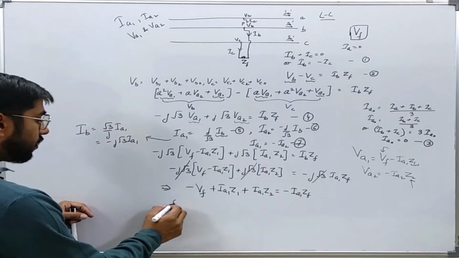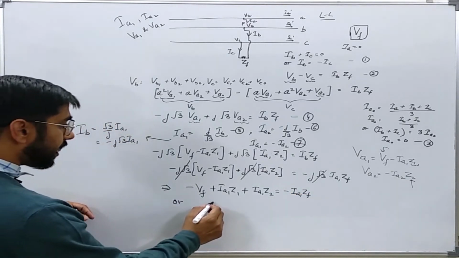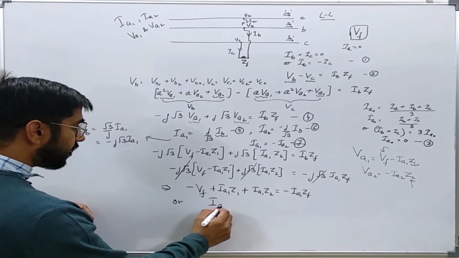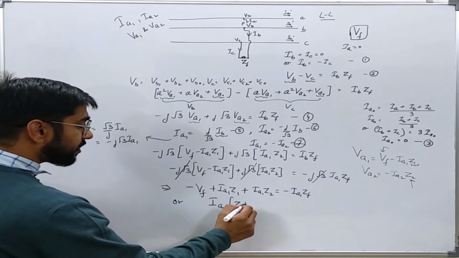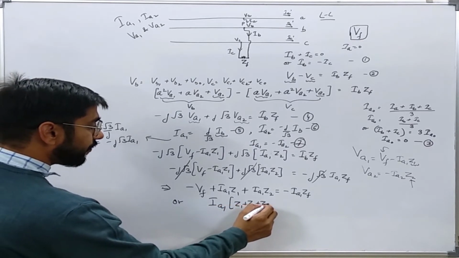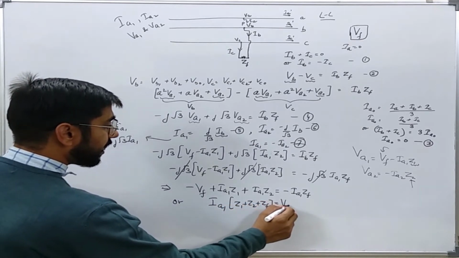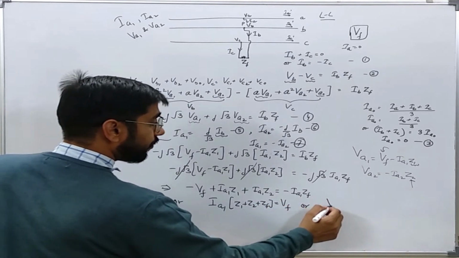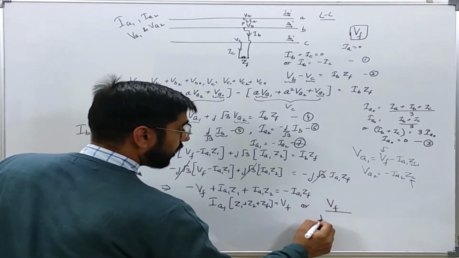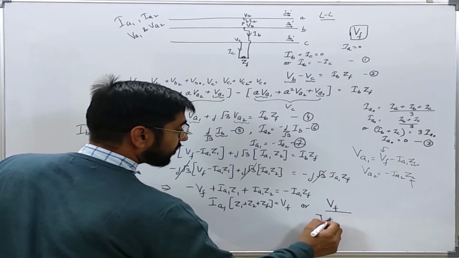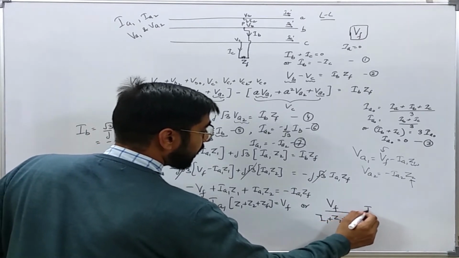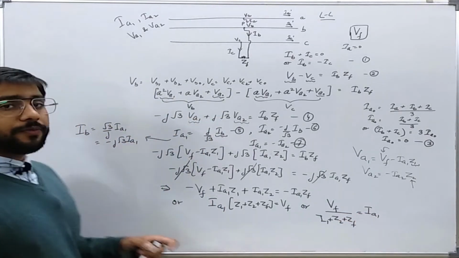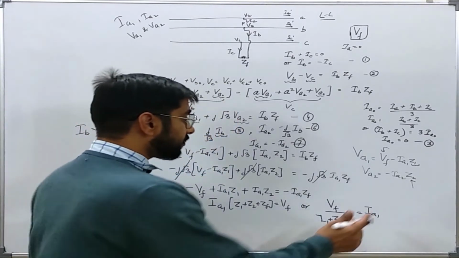Or IA1 (Z1 plus Z2 plus ZF) is equal to VF, or VF over (Z1 plus Z2 plus ZF) is equal to IA1.